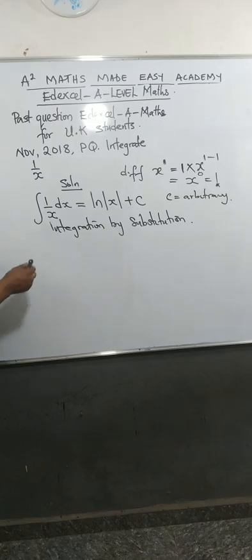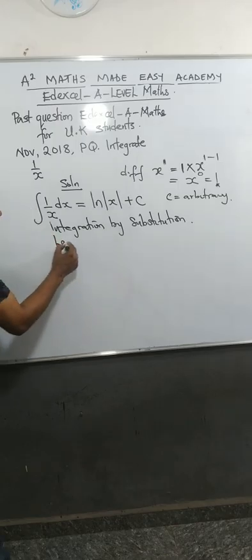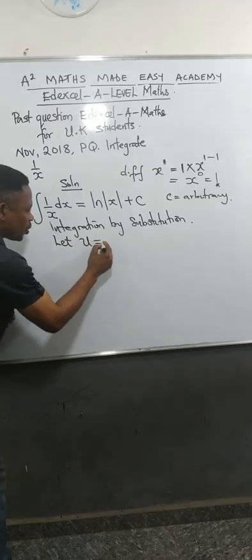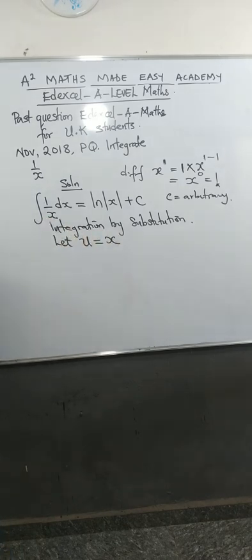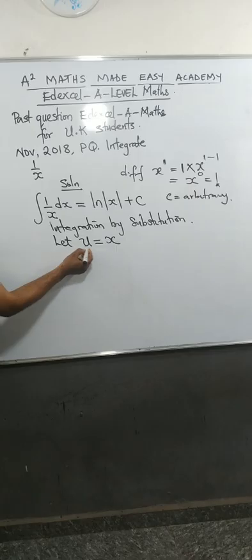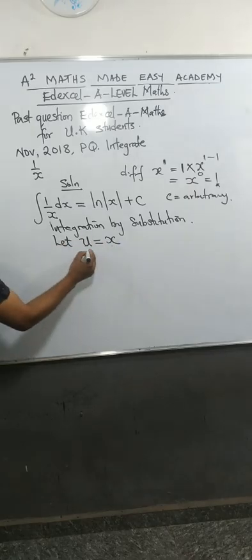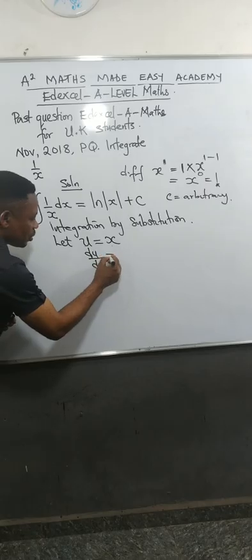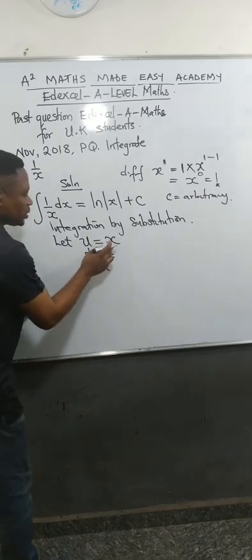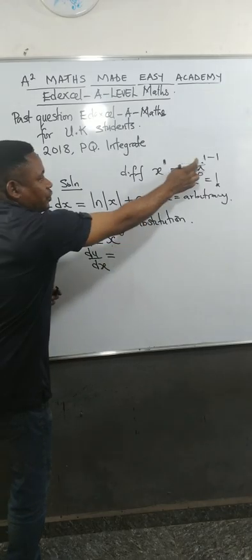Now, what do we say first? The law is this. Let u be equal to the denominator. What's the denominator? x. So can we differentiate u with respect to x? I will now have du over dx equals to, and I have told you that when we differentiate x, we have done it already here.